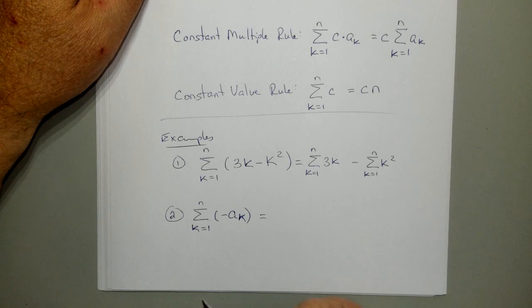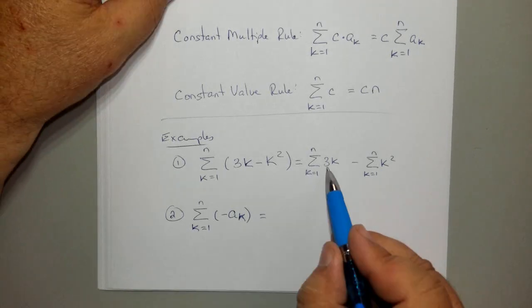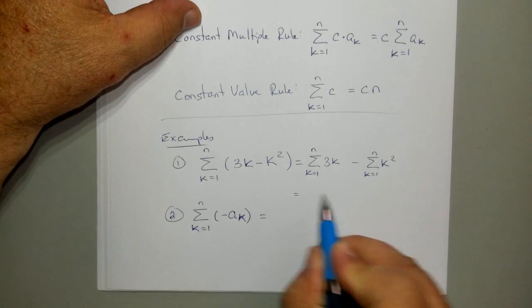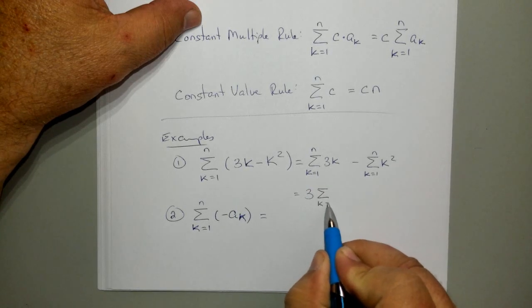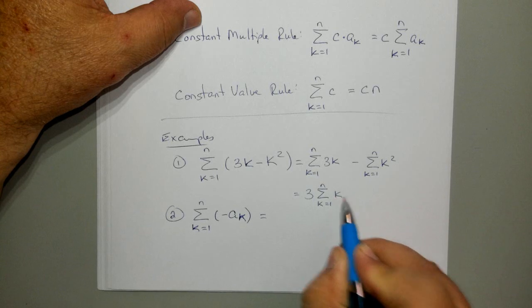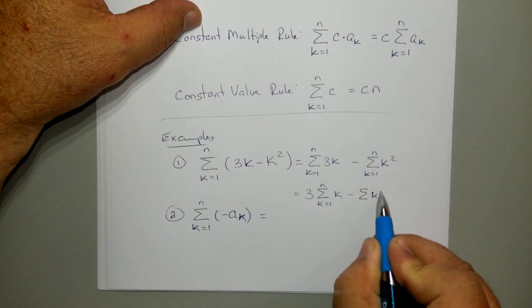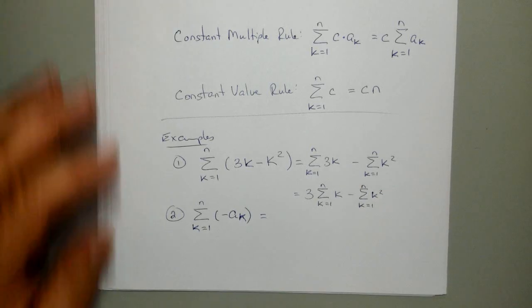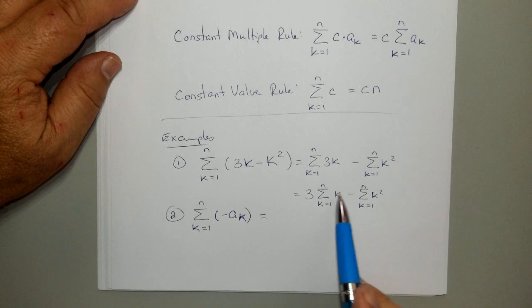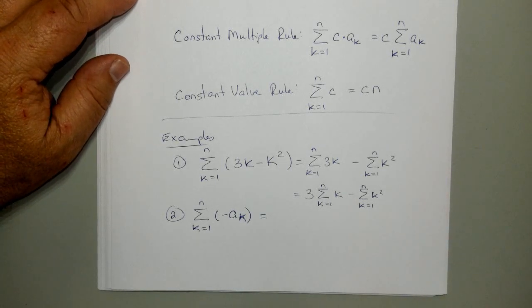Can we do anything else to it? There's another rule we can apply. The constant multiple, right. And there we have it. Then whatever this would be, it'd be a summation of 1 to n.